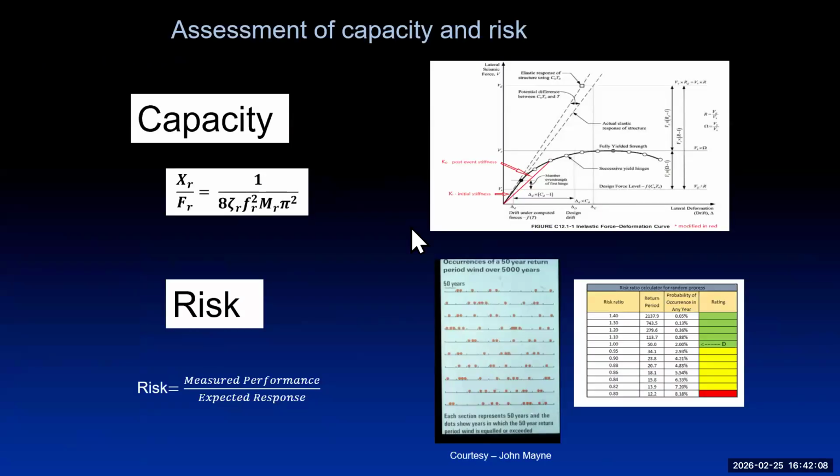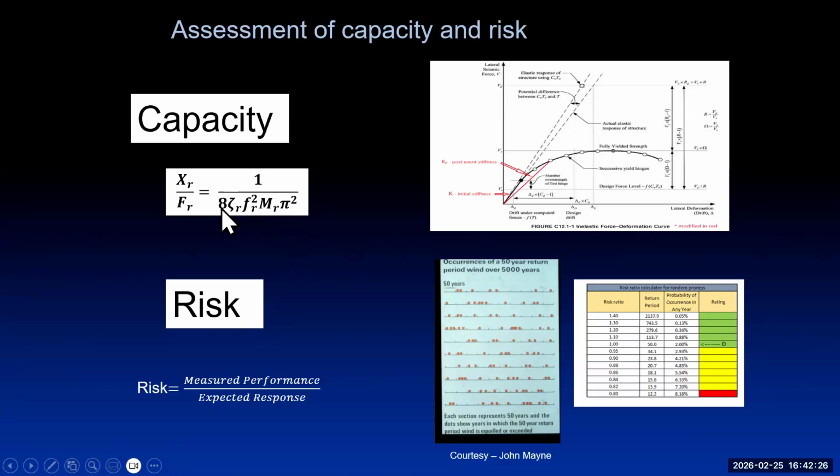So what we're actually saying is that we can find the capacity of a structure. If we take Newton's second law of motion, we have an equation there: x upon f is 1 upon 8 zeta f squared m pi squared.